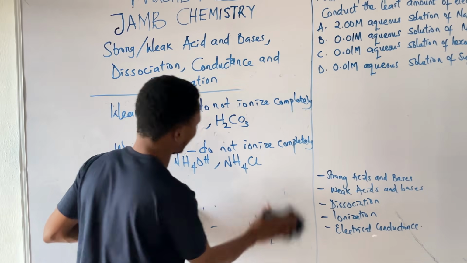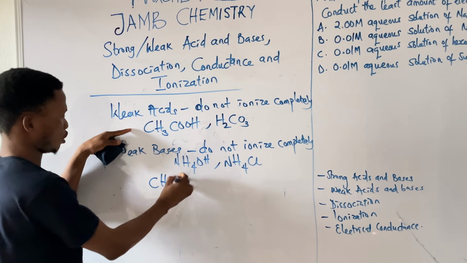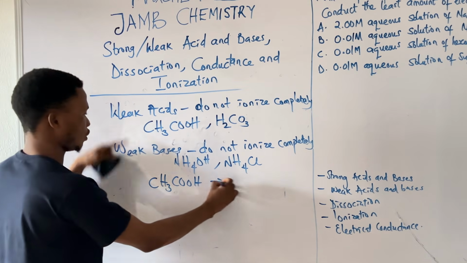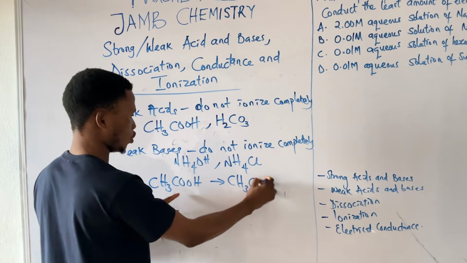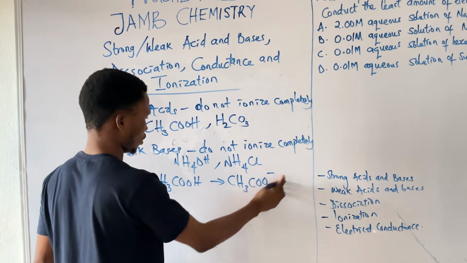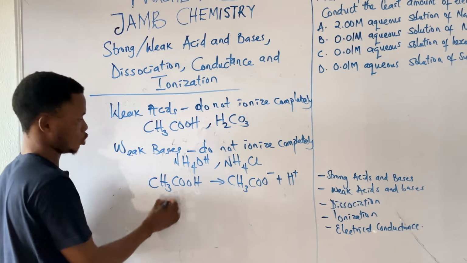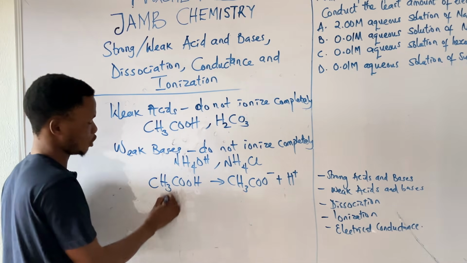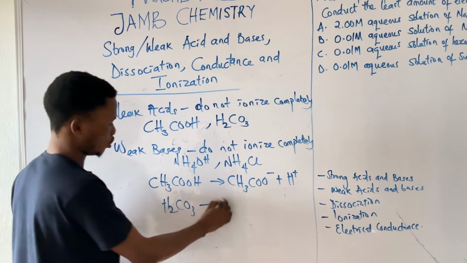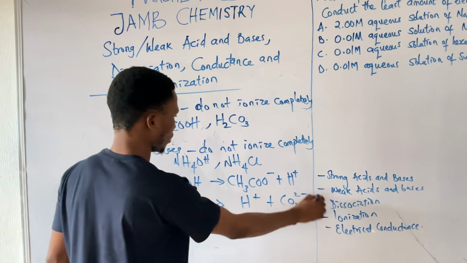So this is an example of a weak base, because when you ionize this, you have CH3COO- plus H+. See, we do not break this down completely. When you ionize this too, you have H2CO3 giving me H+ then CO3 2-.